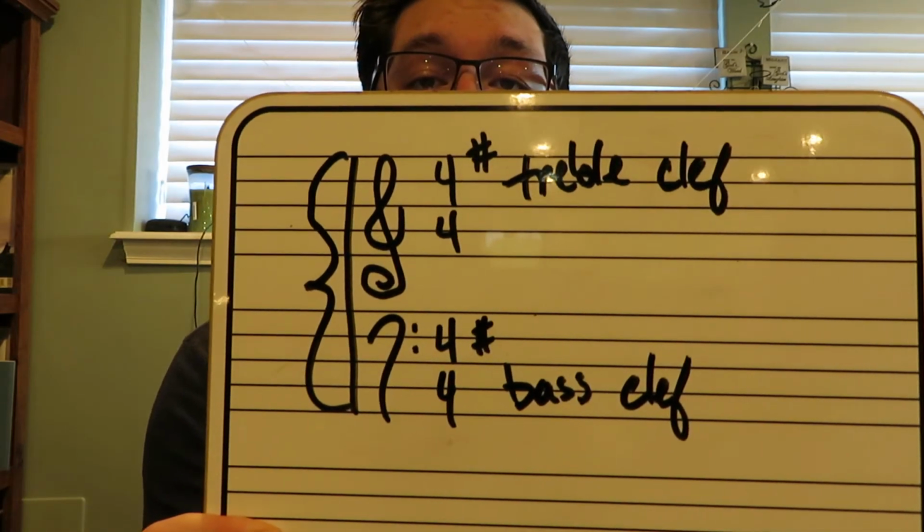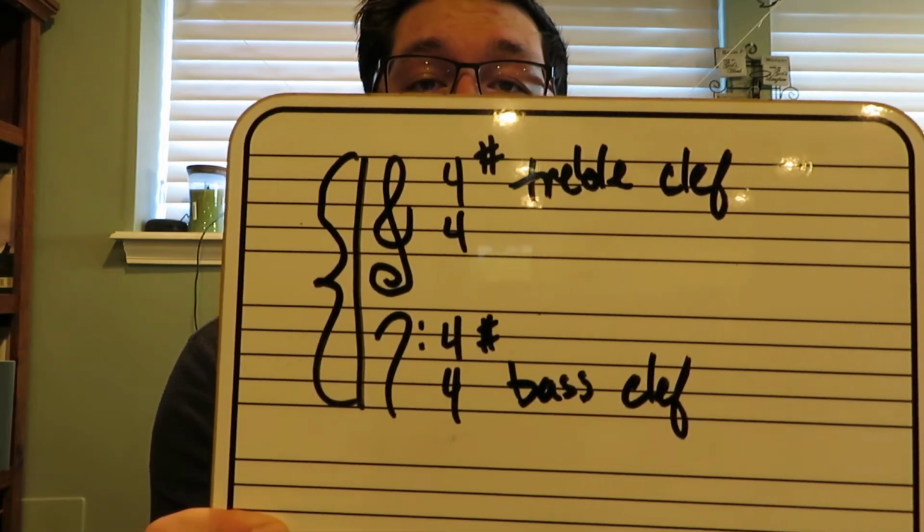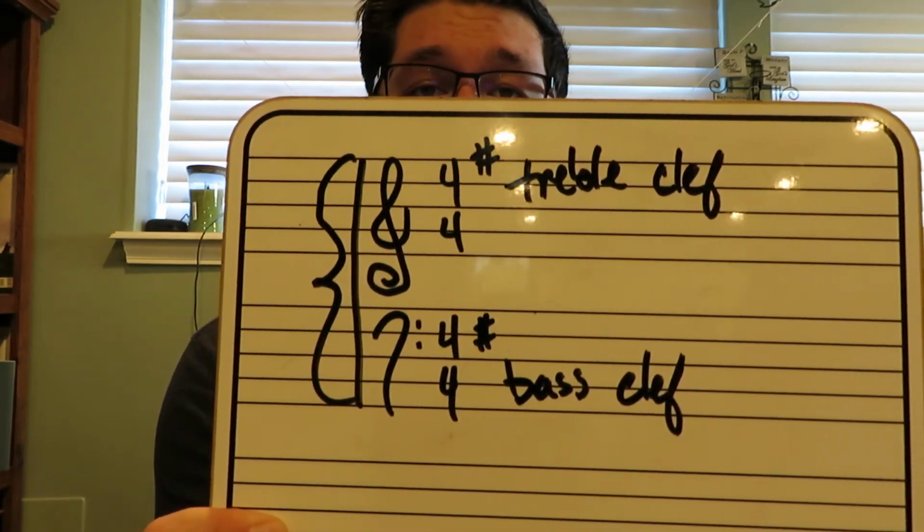You might say the top staff notates the notes for the right hand. And the bottom staff, with the bass clef, is for the left hand.